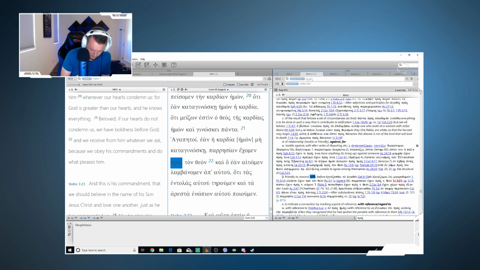Verse 22. Kai ho ean aitomen lambanomen ap' autou, hoti tas entolas autou teroumen kai ta aresta enopion autou poioumen. And whatever. This one's interesting. I don't think this is ean.